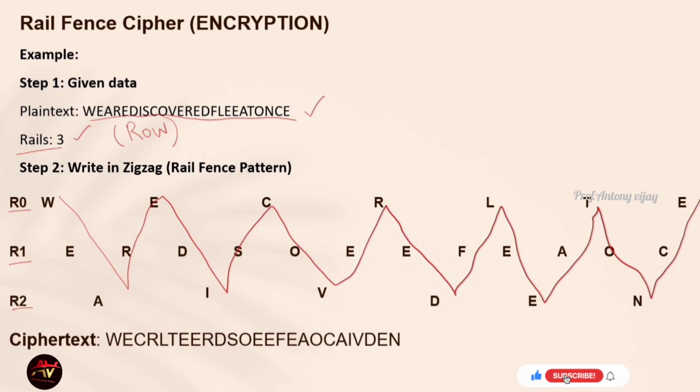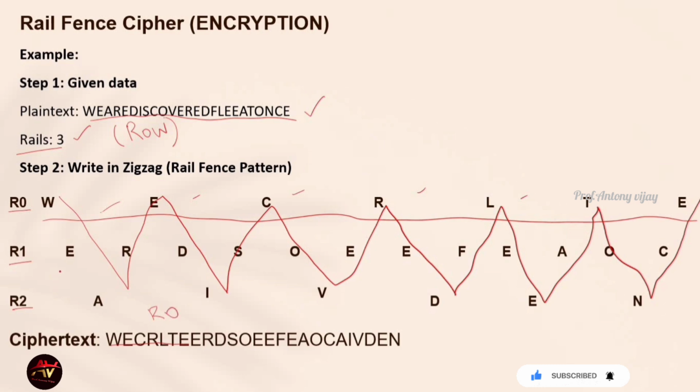After writing this, we create the ciphertext by reading the content row by row. First we take row R0, which has WECRLTE. This is R0.